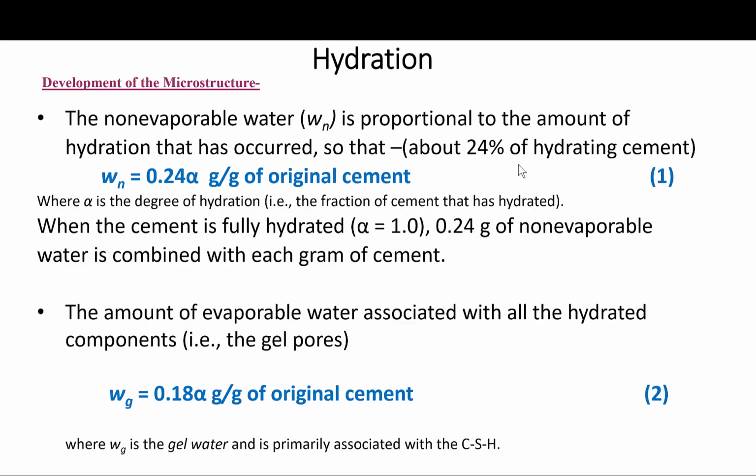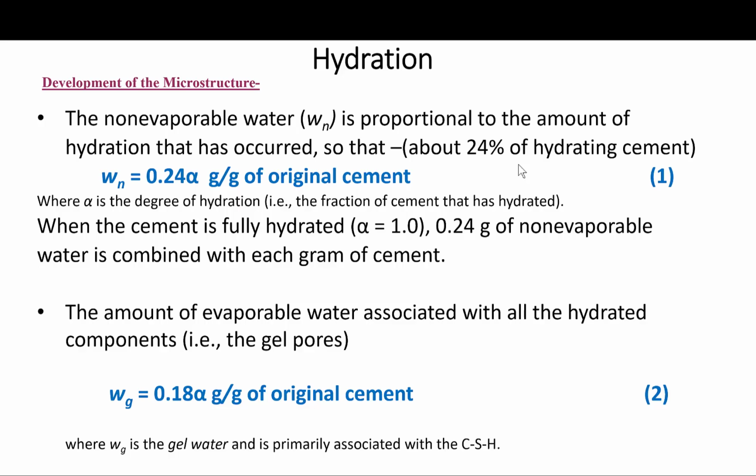So according to this equation, W sub n equals 0.24 times alpha, which is the degree of hydration, gram per gram of the original cement. Okay, so this is in terms of the fraction of the cement that has hydrated. When the cement is fully hydrated, meaning alpha equals 1, 0.24 gram of non-evaporable water is combined with each gram of cement.